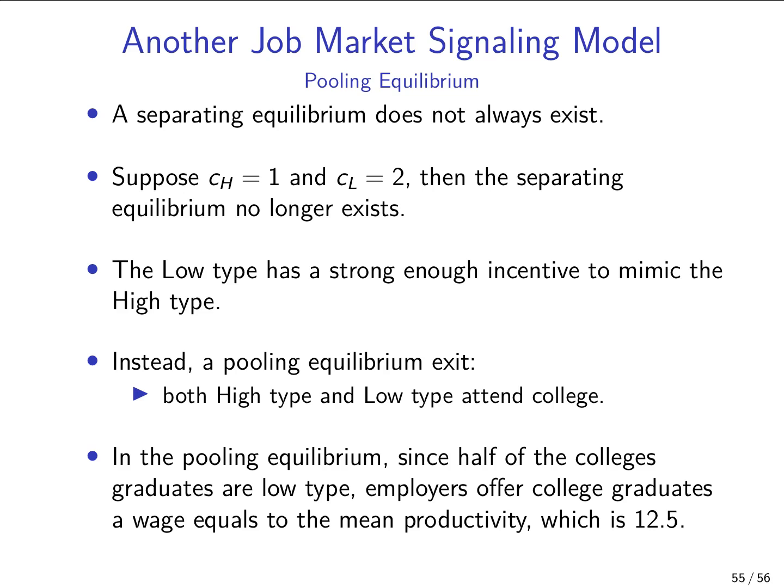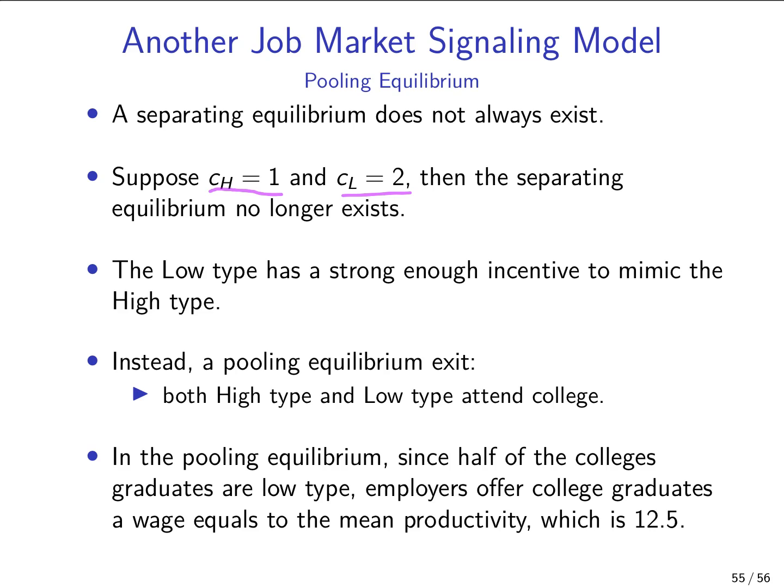So we can check that exercise. You can think about what happens if we change the cost of going to university, such that for the high type it is 1, and for the low type it is 2. You can check whether the separating equilibrium like the one we mentioned earlier exists or not.